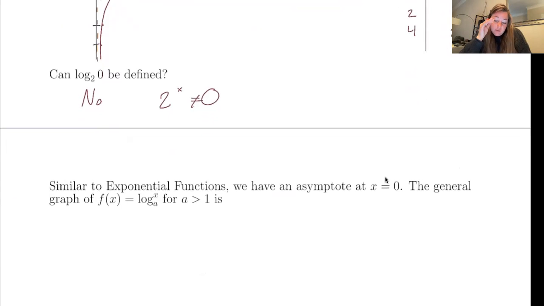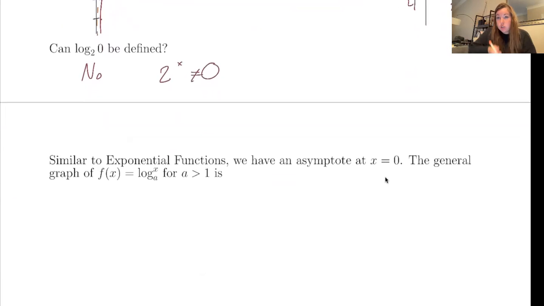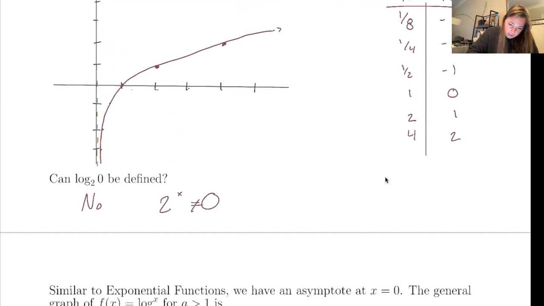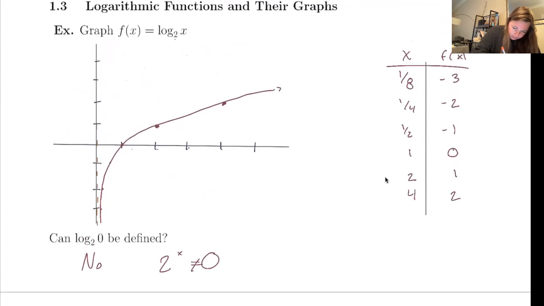So similar to exponential functions, we have an asymptote at x equals 0, which is the vertical line. The general graph of f of x equals log base a of x is, let me grab this because I like this graph that I drew. It's a very good graph.